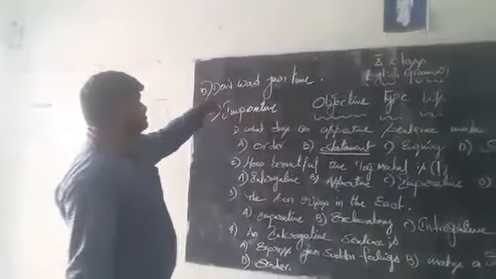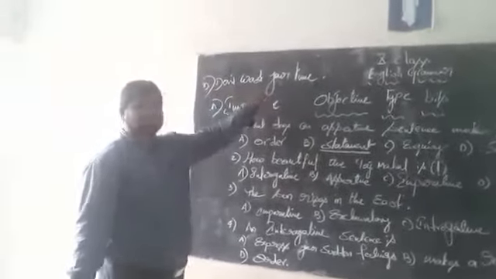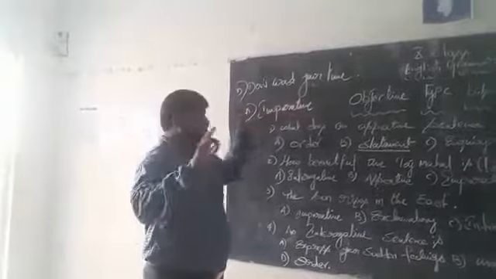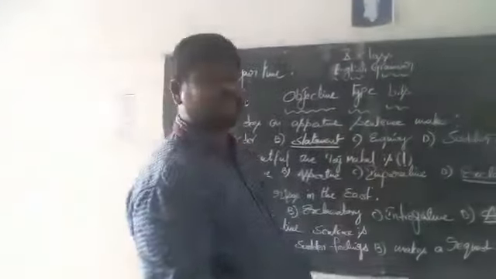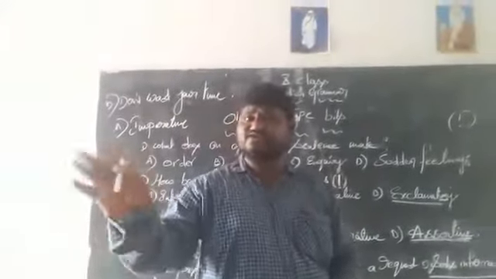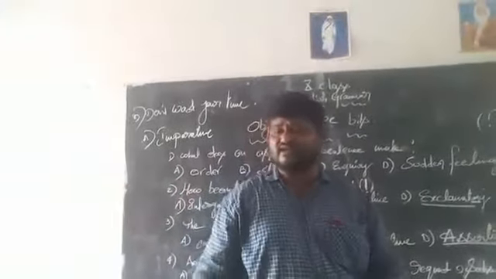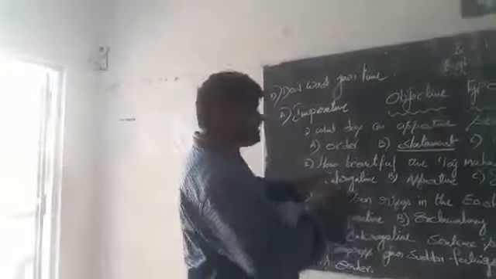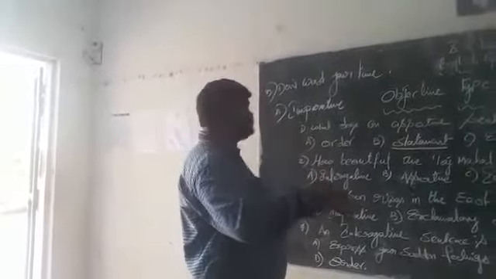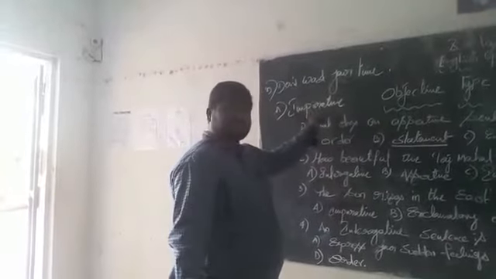So here, don't waste your time. Sometimes we ask and we give advice. My dear children, please don't waste your time. Complete your homework today at your home. So likewise we give advice. If you are giving advice, that sentence is called an imperative sentence.